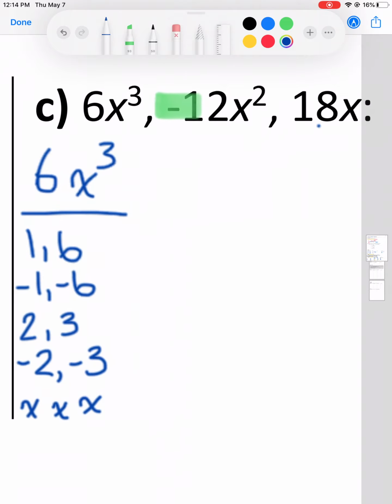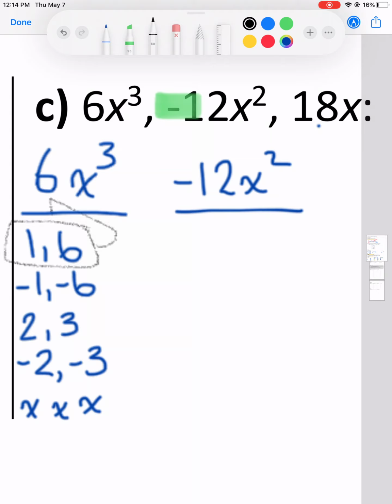Now we have -12x squared. So remember, what are two terms that multiply to give us -12? 1 times 6 gives us 6. -1 times -6 gives us +6.